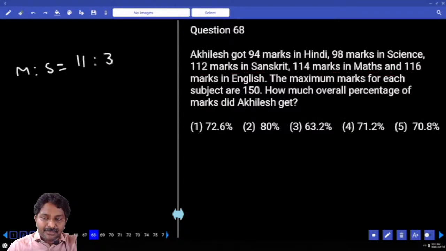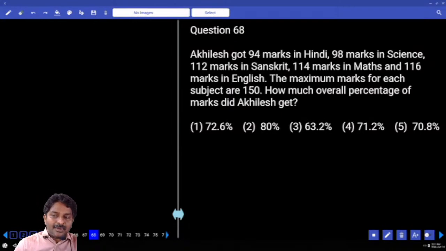Akhilesh got 94 marks in Hindi, 98 marks in science, 112 marks in Sanskrit, 114 marks in maths, 116 in English. Total how many subjects? 5. Maximum marks for each subject are 150. How much overall percentage of marks did Akhilesh get? Okay.